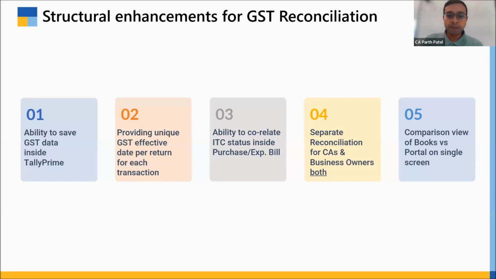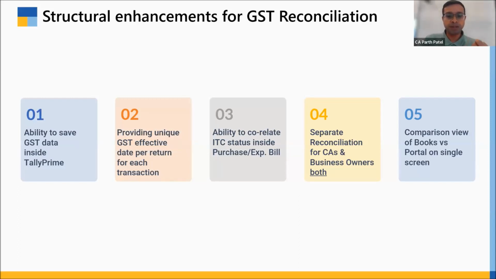The third capability that we have added is the ability to correlate ITC status inside purchase, expense and bill. This is very, very important in terms of the capability to retain the record of reconciliation for future submission. So let's say we are done with the reconciliation, and after 1 or 2 years, we need to fetch the status of a particular expense.